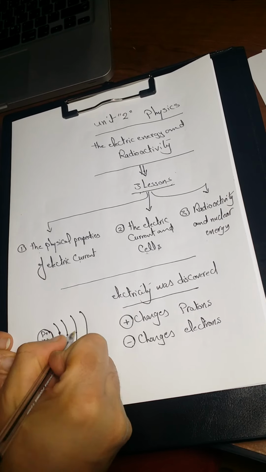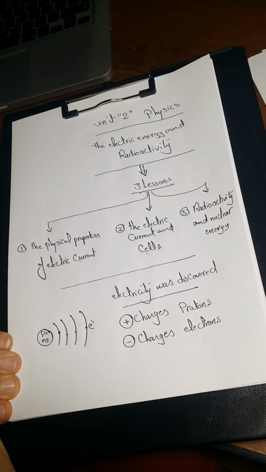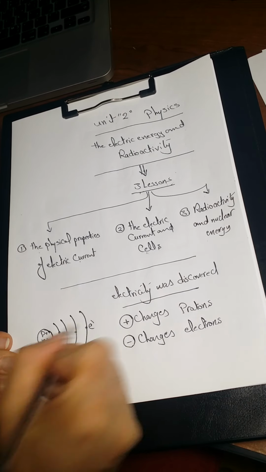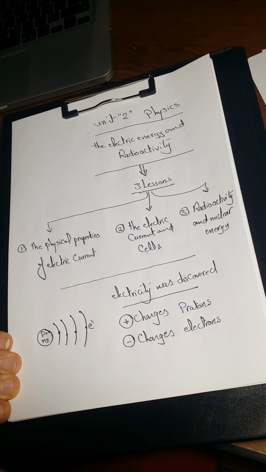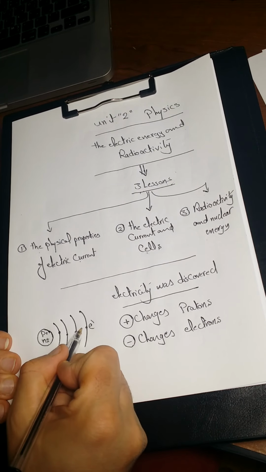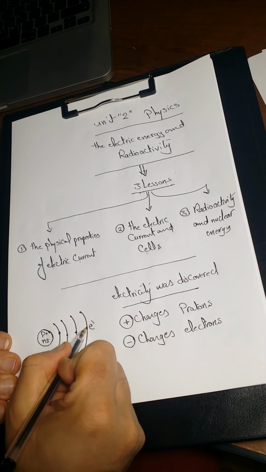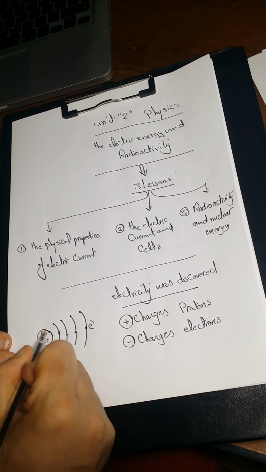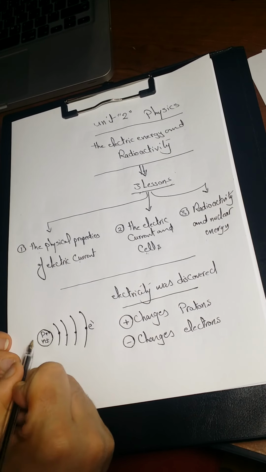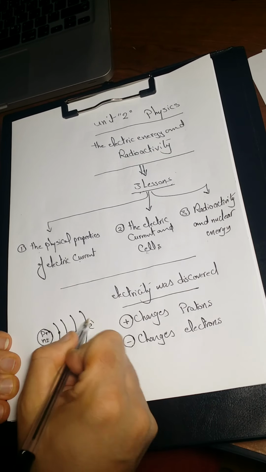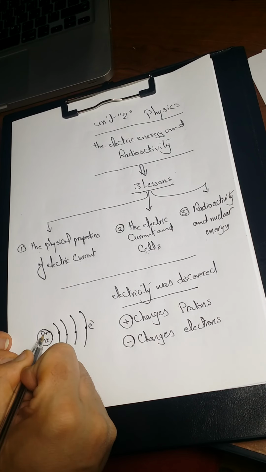So the electrons are negatively charged particles that rotate around the nucleus. There is an attraction force between the electrons and the nucleus, between the negative charges and the positive charges.